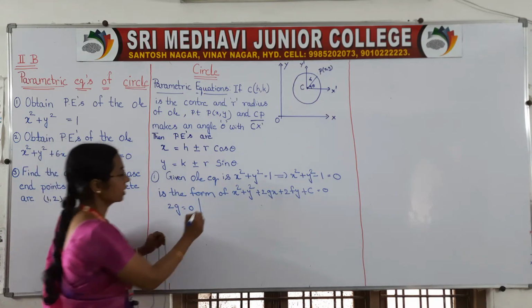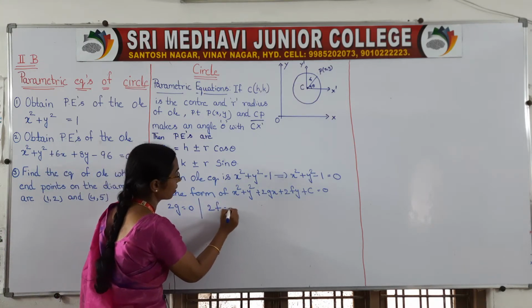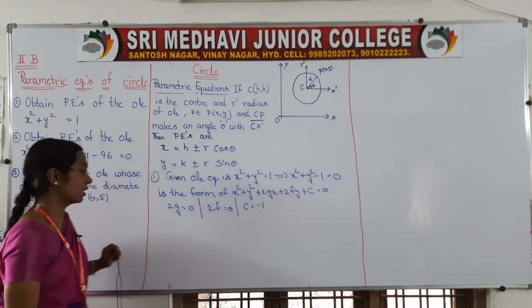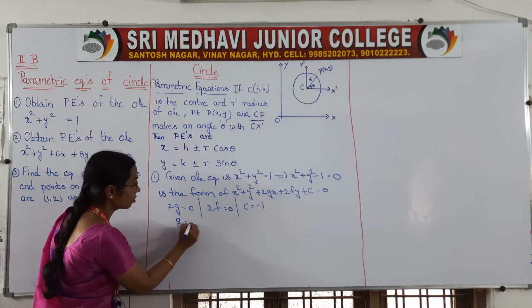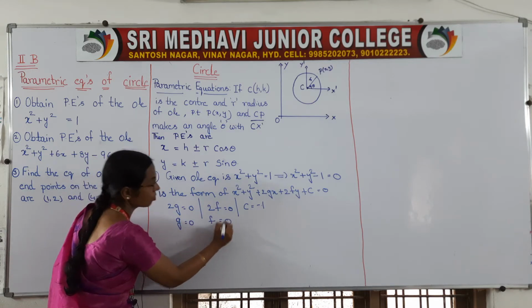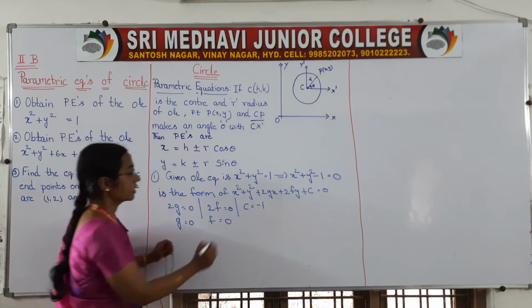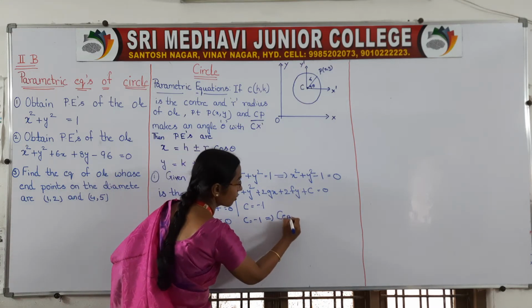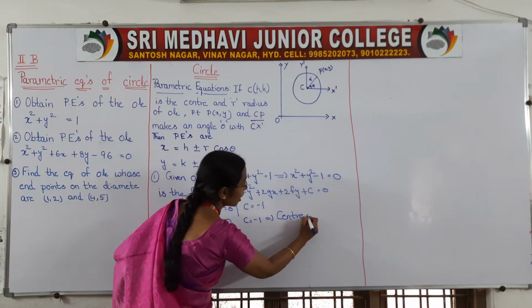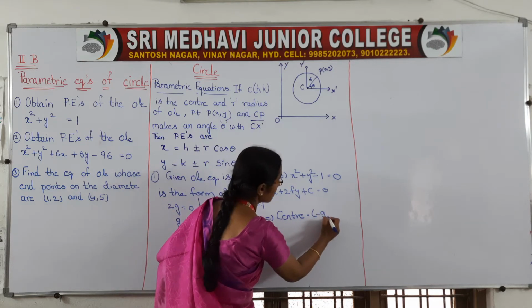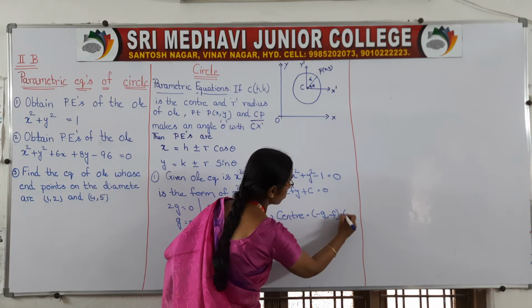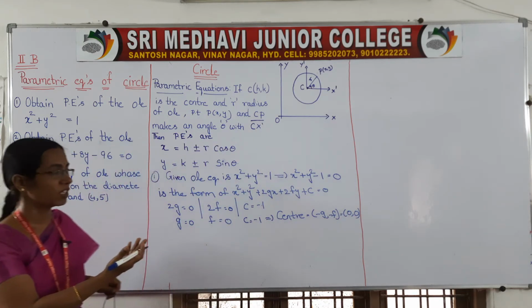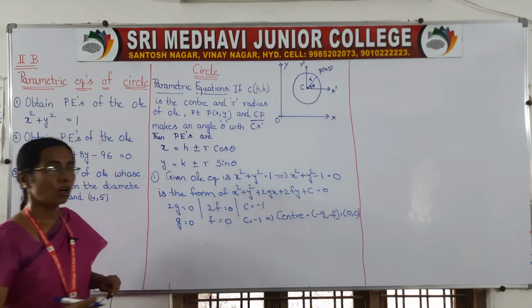No y term is there, so 2f is equal to 0 and c is equal to minus 1. So g is equal to 0, f is equal to 0, and c is equal to minus 1. With this you can write your center. The formula for center is (minus g, minus f), so it is (0, 0). Actually minus 0, minus 0; for 0, negative means 0 only.